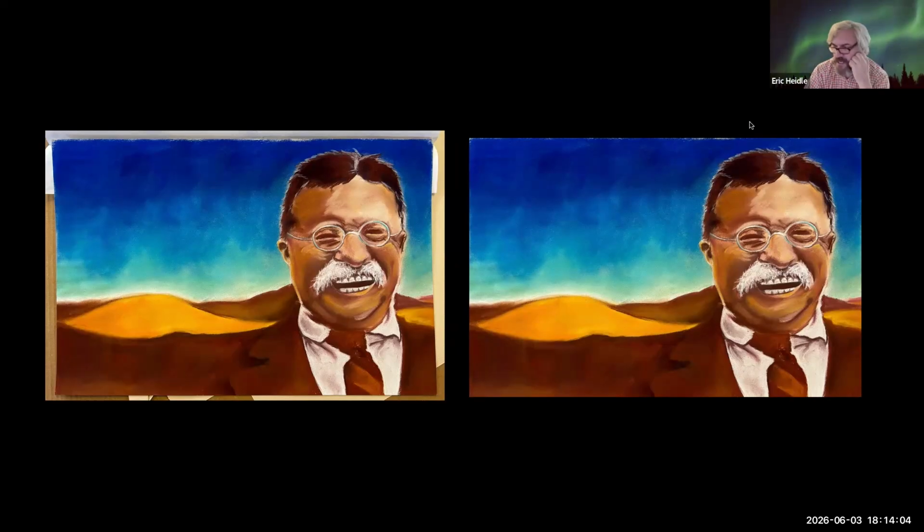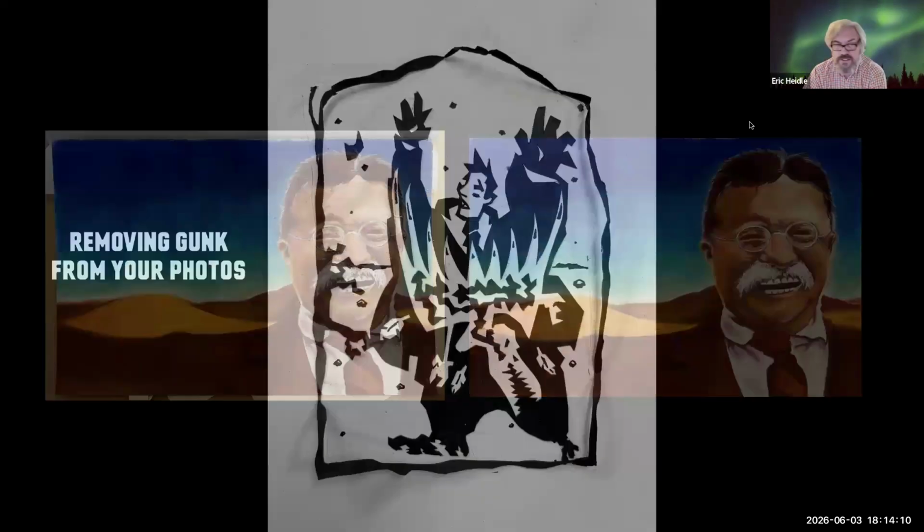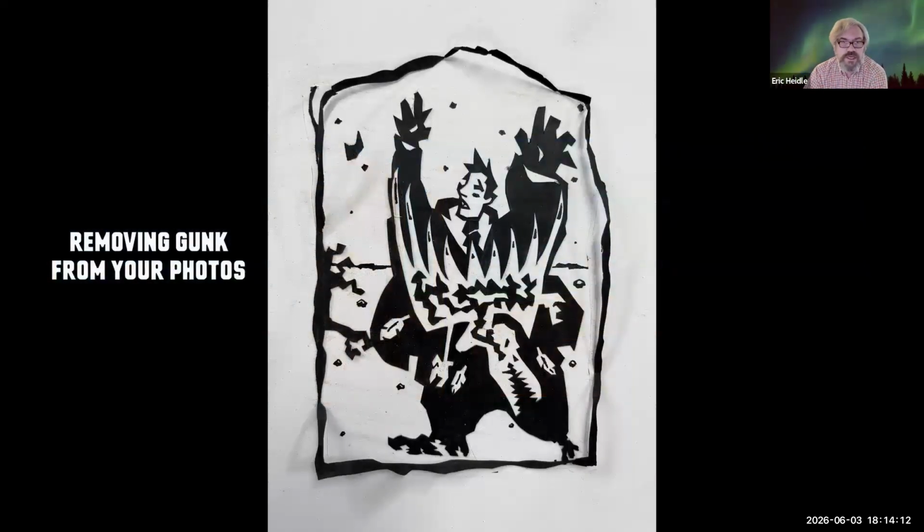The other big thing, probably, when shooting your own artwork, editing-wise, that you have to think about is spots, grime, gunk is what I call it. So removing gunk from your photos is another thing that's going to be a typical challenge. This is a piece I did in college in one of my graphic design classes, and we each had to illustrate a very short story from Franz Kafka. So this is called The Vulture.